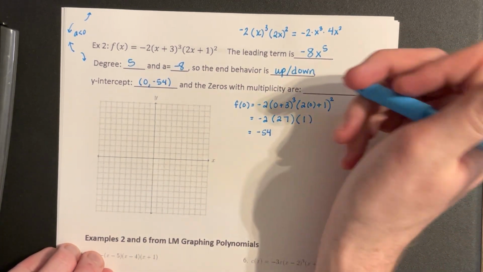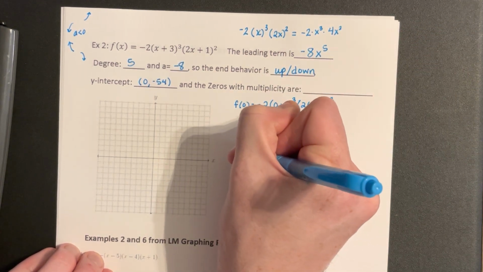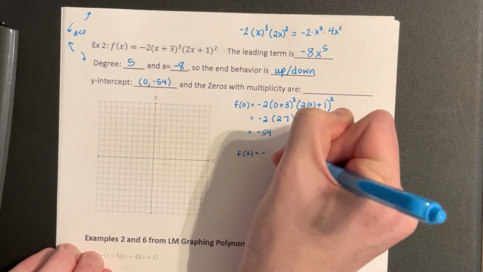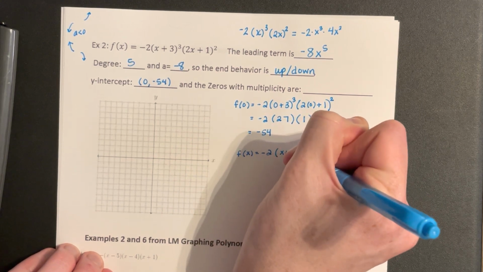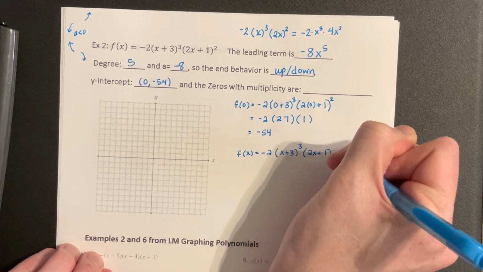And the zeros, the multiplicities, let's see, let's write it out just one more time to do this properly. -2 times (x plus 3) cubed, (2x plus 1) squared.